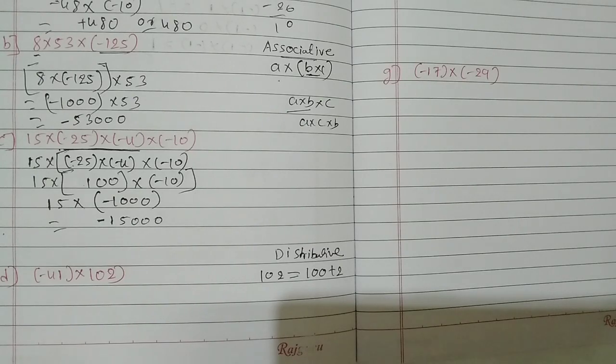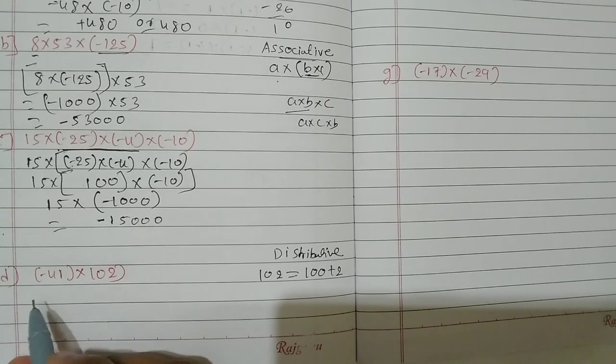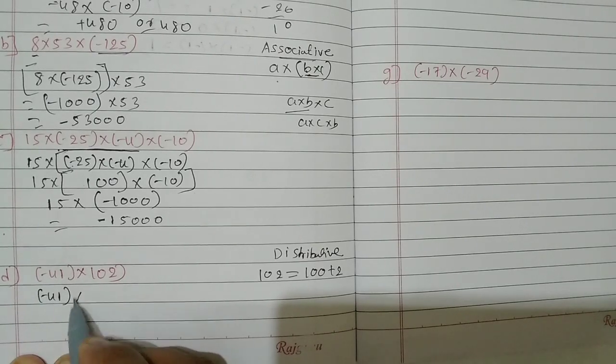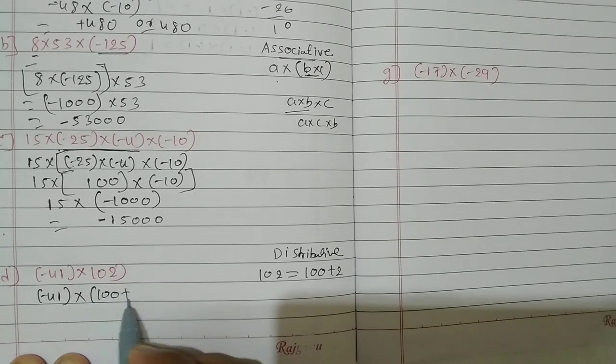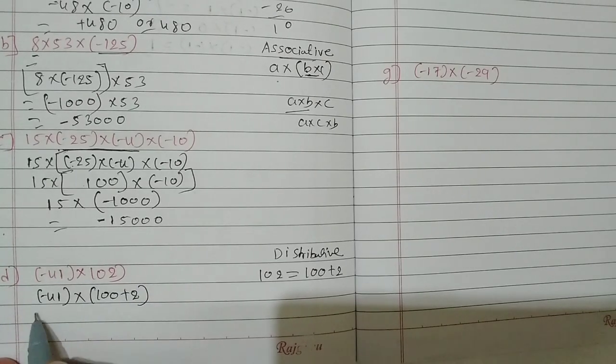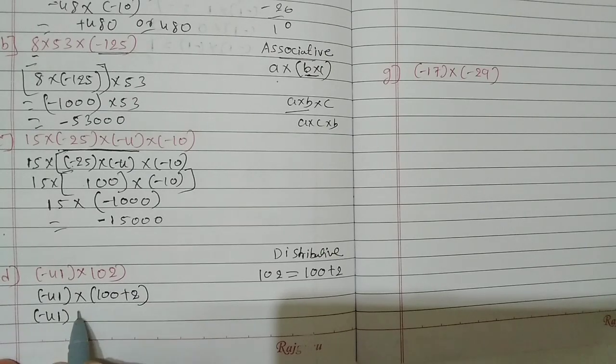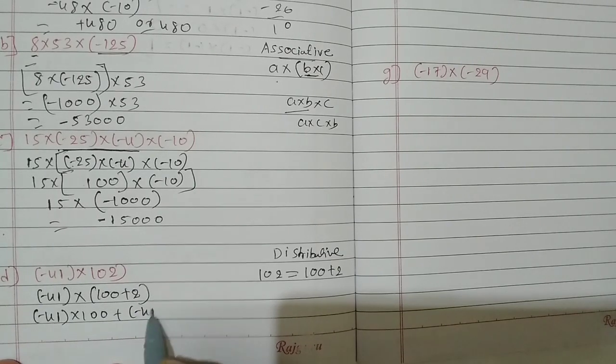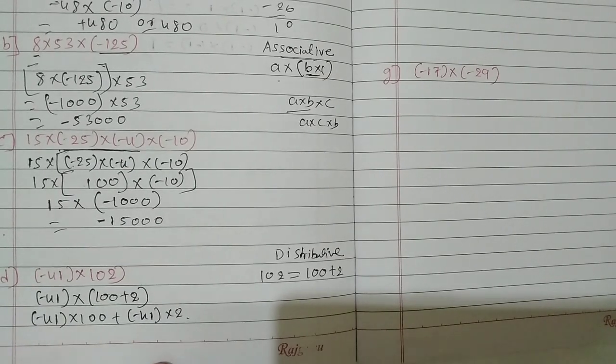So 102, under the distributive property, minus 41. So now how can we write this 102 as 100 plus 2, right? So it is minus 41 into 100 plus minus 41 into 2. See here, I will tell you which property I am using.